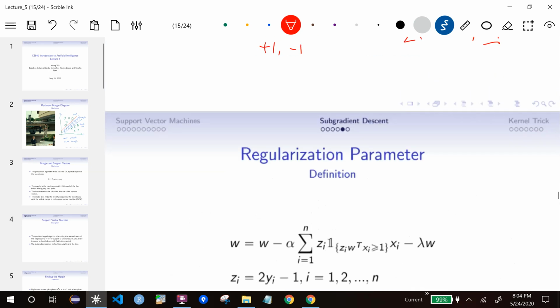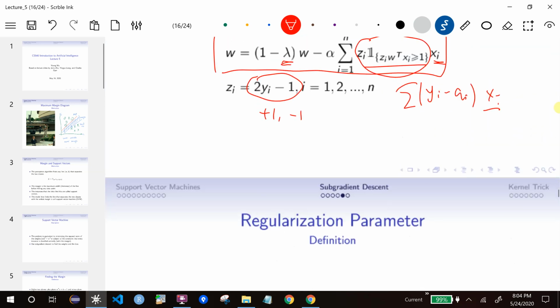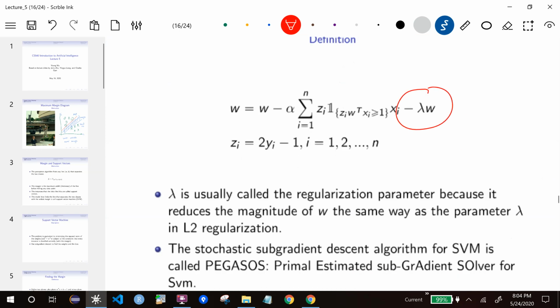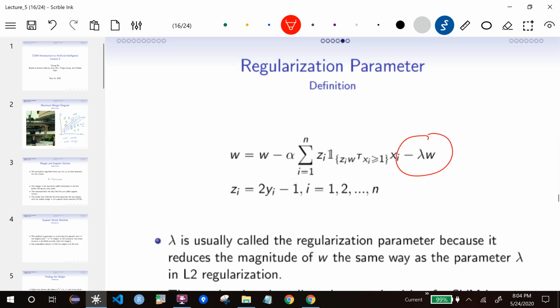One thing that's extra: if you go back here, you have this minus lambda, so I put this outside. Remember when we talked about regularization in the previous lecture, if you think about L2 regularization, you are adding the norm of W, which is W transpose W, and when you differentiate this, it becomes just W. If you have a regularization parameter in front, you are subtracting lambda W every time, which is exactly what this is doing here.